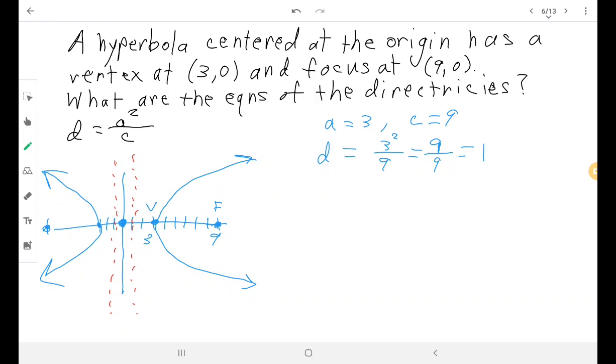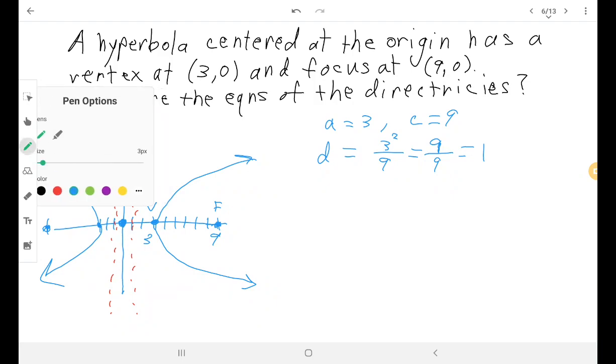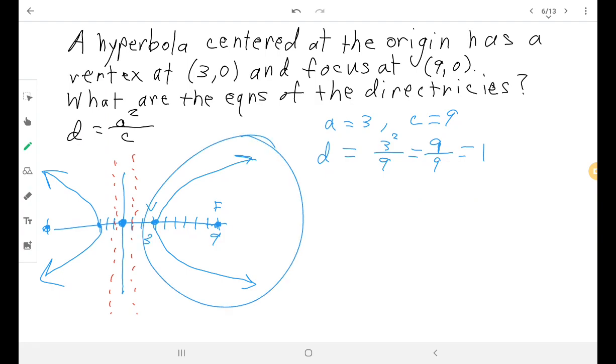It opens in the x direction, but it moves up and down. That is, this is moving up, this is moving down. So we want this to move up and down also.